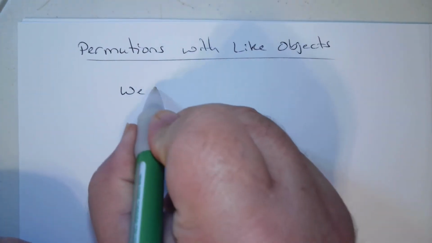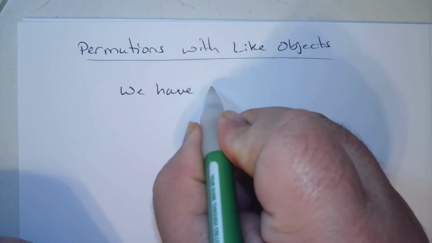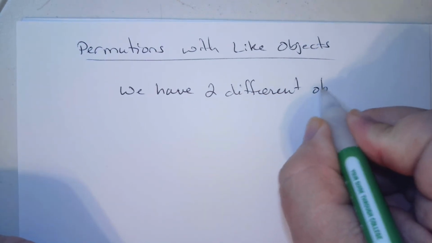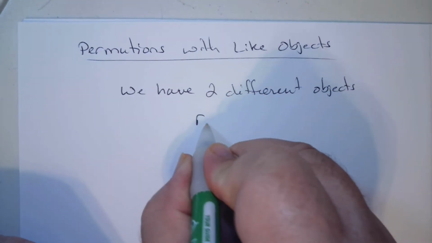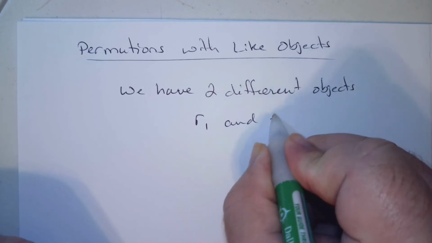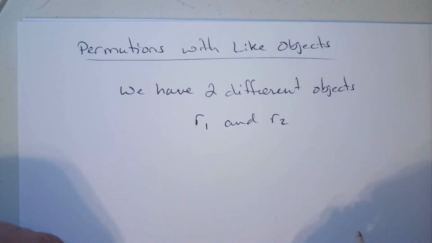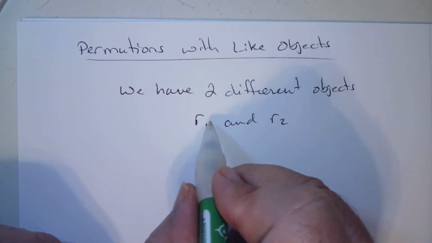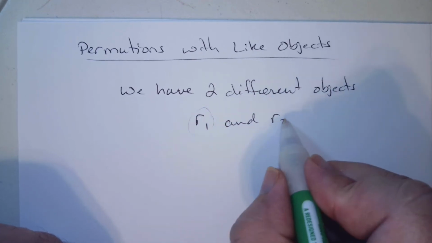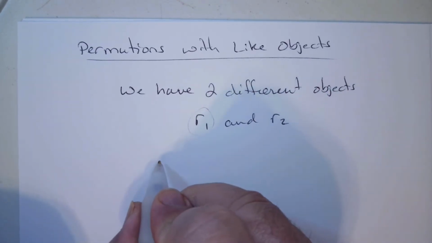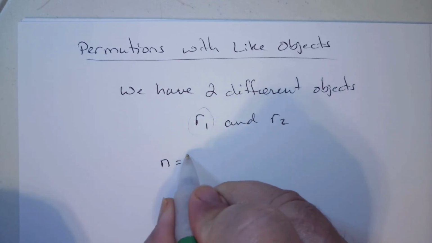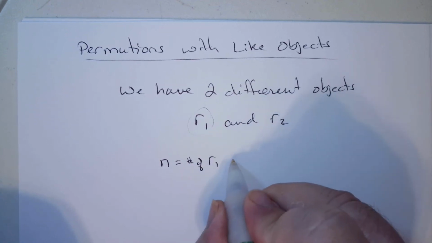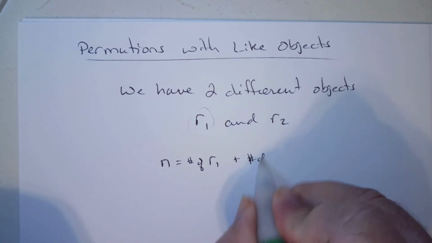So we have 2 different objects, R1 and R2. This could be cereal boxes, and this one would be milk cartons. N is the number of R1 plus the number of R2.